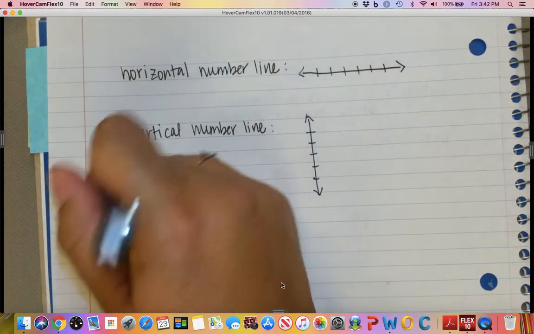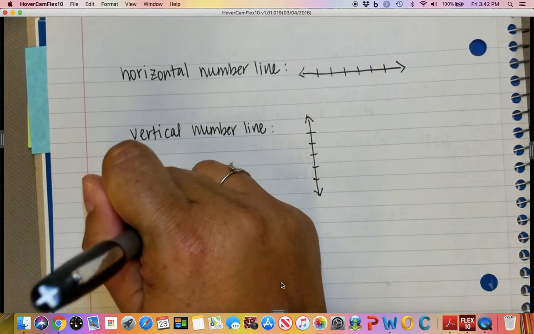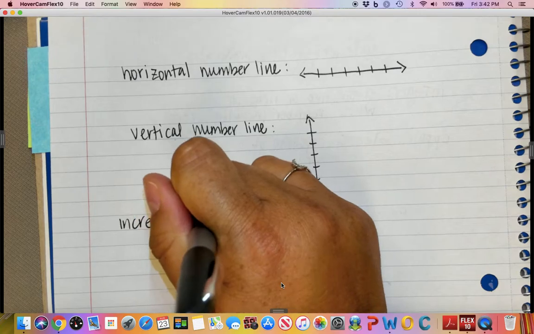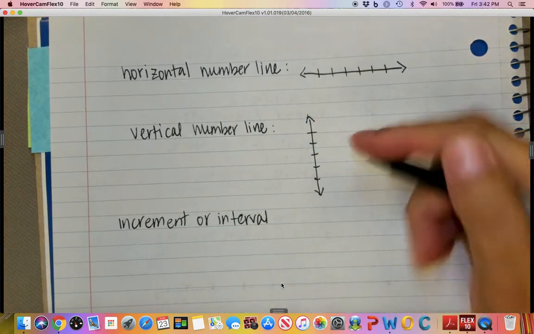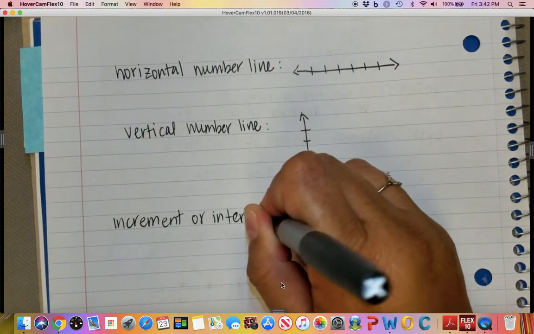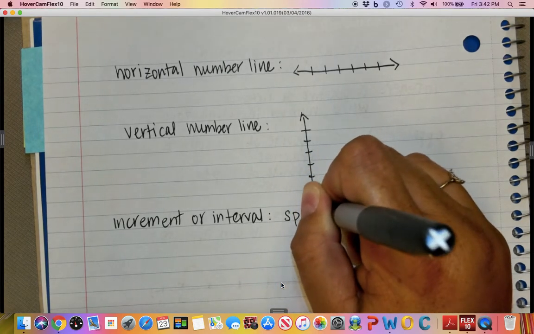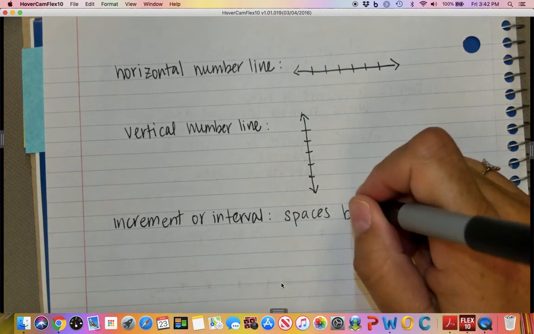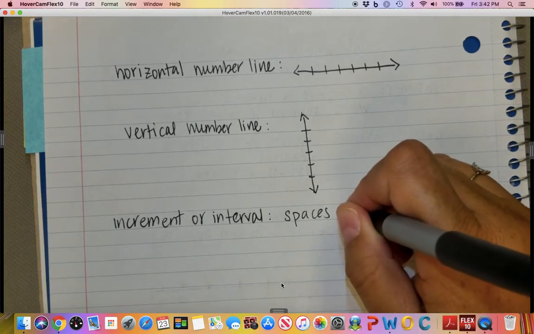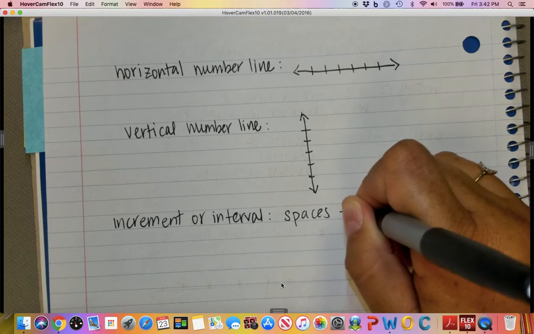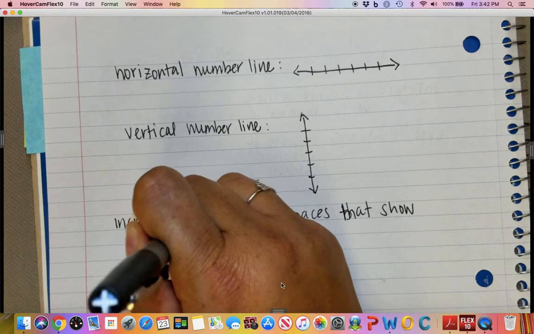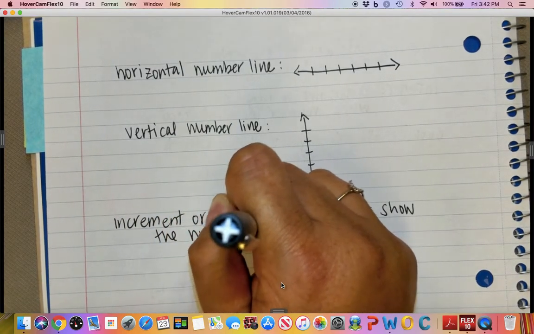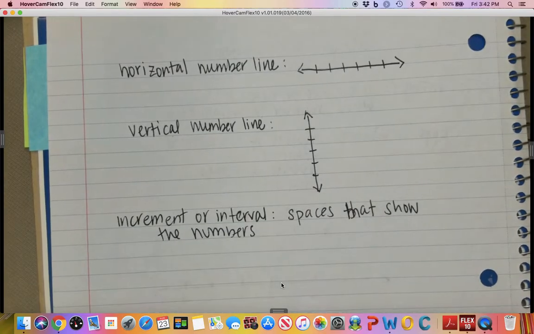An increment or interval is what you're going to hear these lines called, and they're basically the spaces that show the numbers. This is the most important piece of information that I'm going to tell you about this unit.